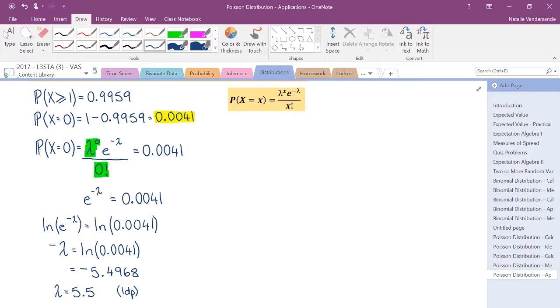So lambda is equal to 5.5 to 1 decimal place.